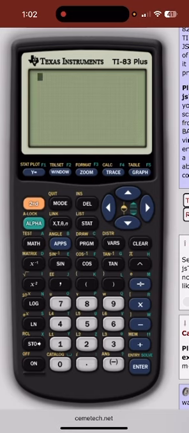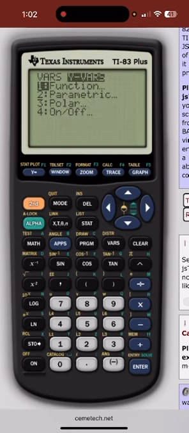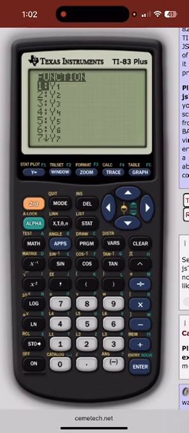I'm going to click on it, go right by 1 to Y-Vars, click number 1 for Function and number 1 again for Y1. Basically I'm calling on that function that we just typed in.